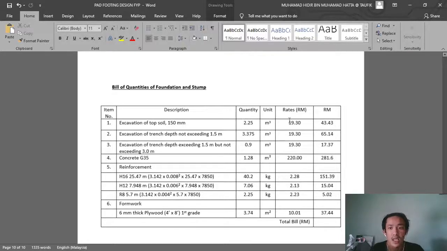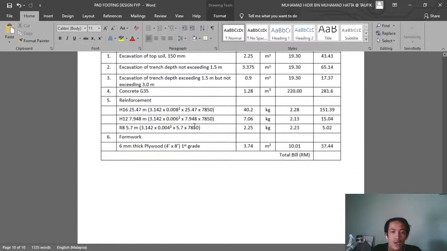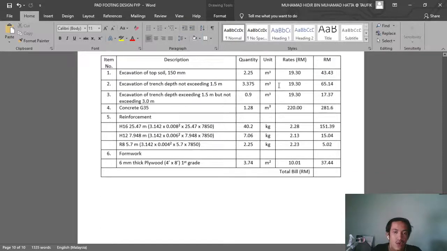This is the rate of excavation, which is RM19.19 per cubic meter. For all these materials, I also researched the latest prices. The total bill, actually, I have not calculated yet. Now I have to calculate it. Okay, wait a minute.